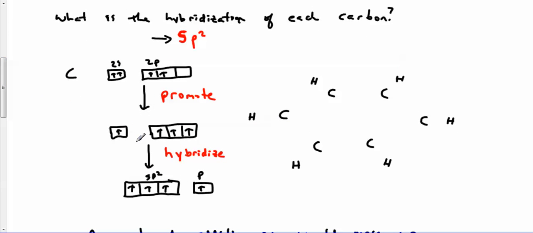So I'm going to draw a fairly complicated diagram here of what's actually happening. I've already drawn the carbons and the hydrogens in place just to make it a little quicker. So let's start with this little p orbital left here. Every carbon has a p orbital, and it's going to be sticking up and down out of the plane of the molecule.